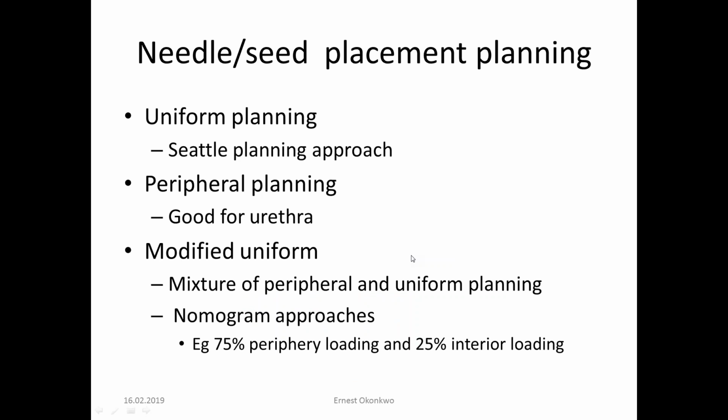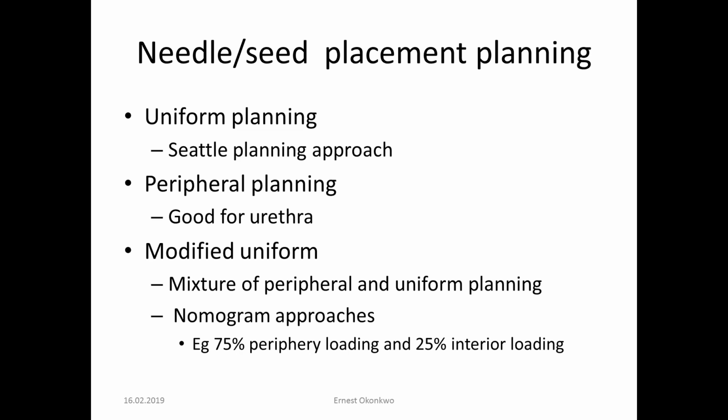For there are different types of needle seed placement planning. You have the uniform loading, which is the Seattle planning approach, where you just try to load seeds into the prostate uniformly. Then you have the peripheral loading technique, which is good for the rectum and the urethra.